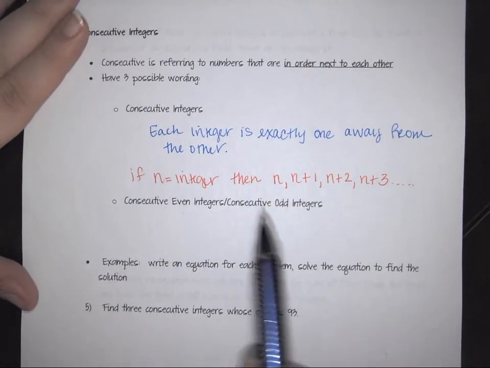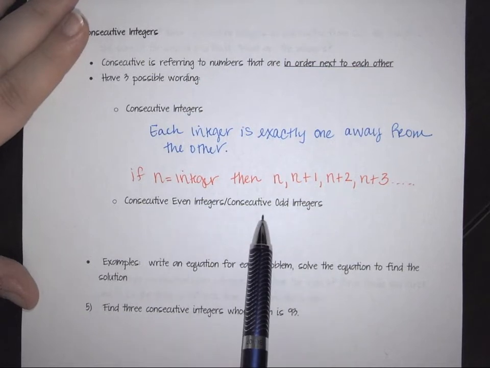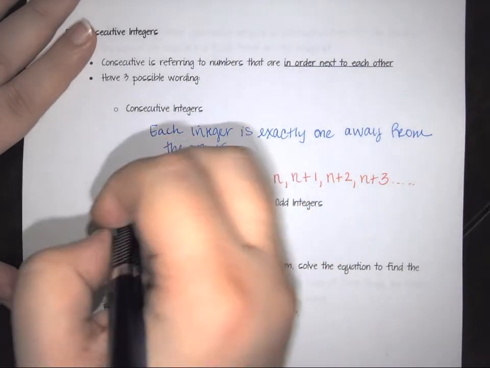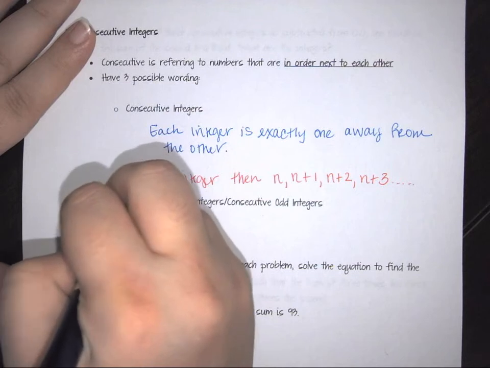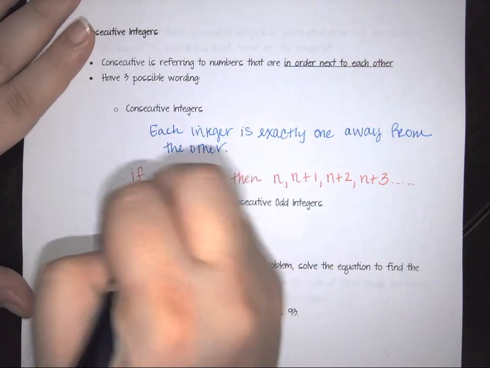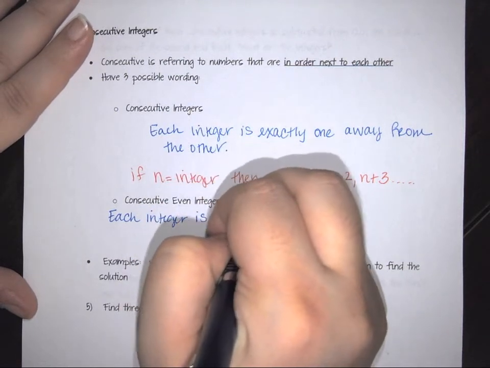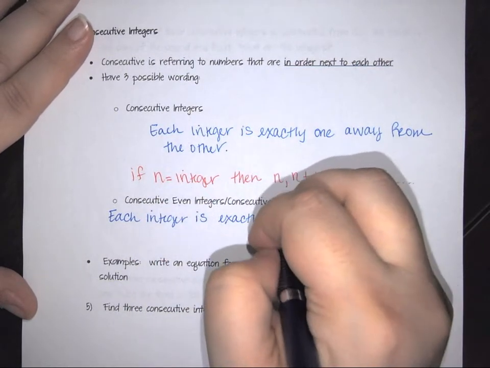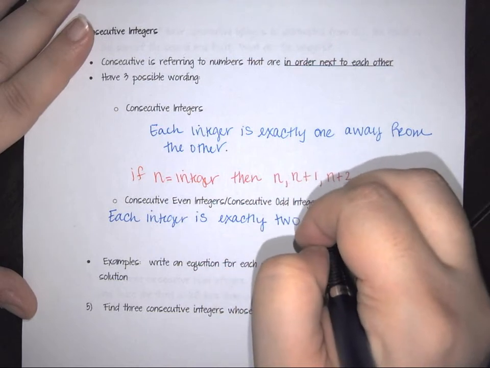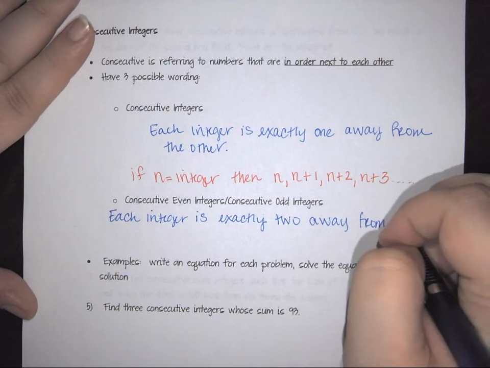However, we can have what's called even or odd, and even and odd share the same definition. What it means is that each integer is exactly 2 away from each other.